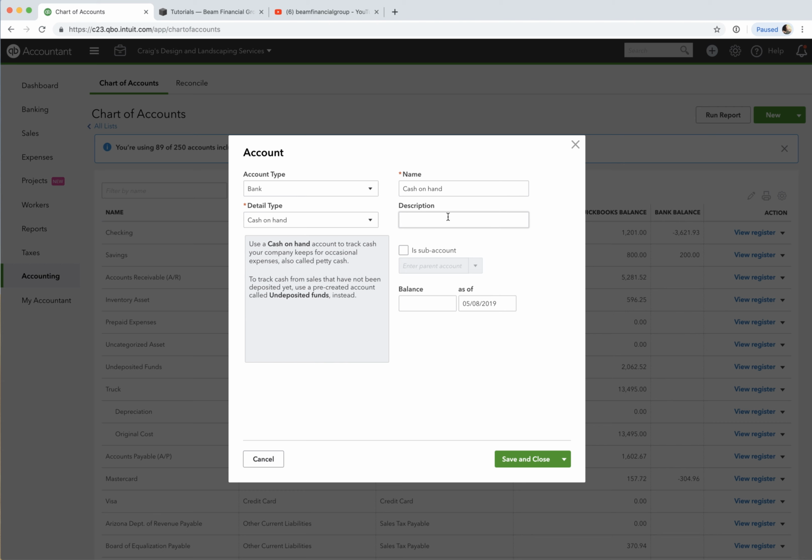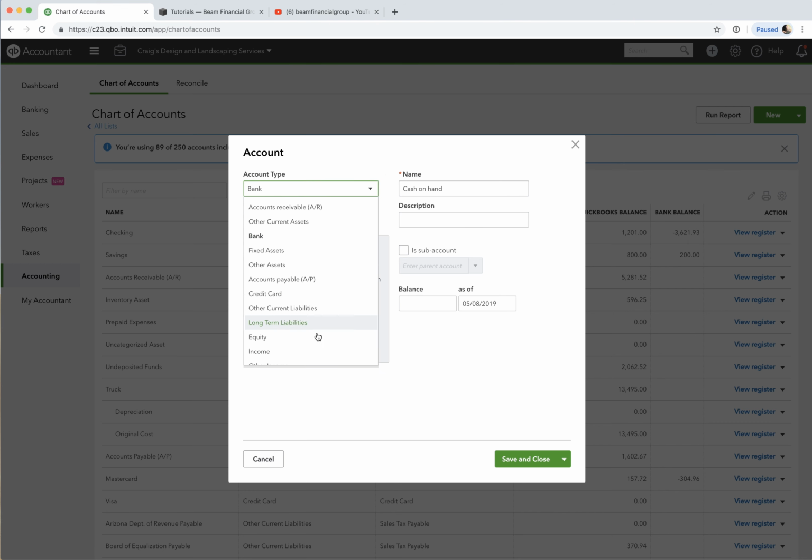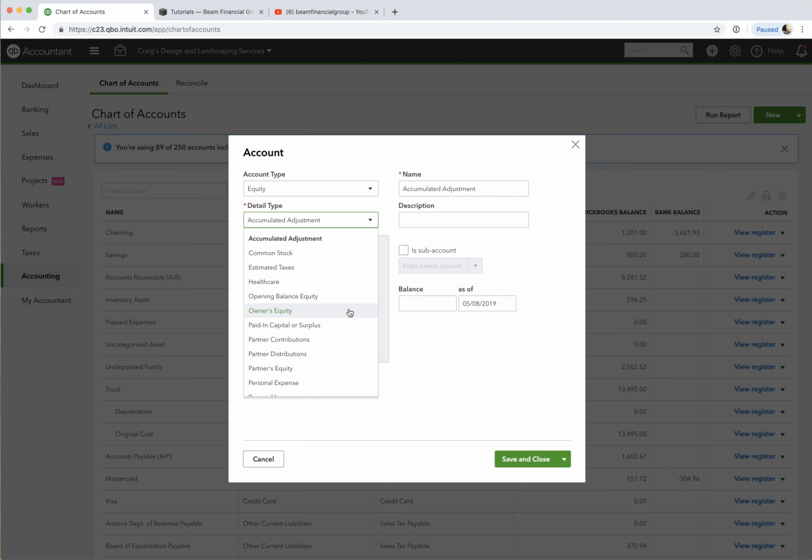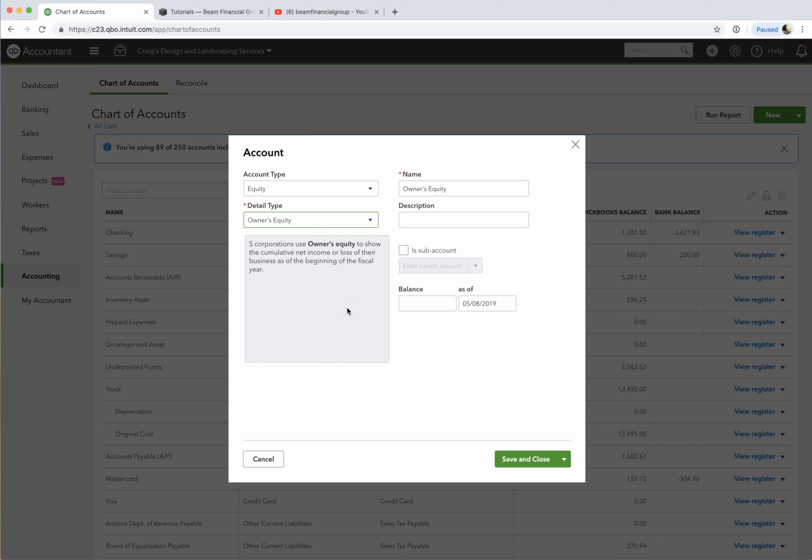So we're in QuickBooks Online here in a test account. So we're going to come into the chart of accounts and create an equity account. So you'll remember that this is an equity transaction. This isn't an income or an expense transaction. This is equity. You're drawing money out of the business. So account type is equity. Detail type is typically owner's equity. And again, this name will change over here depending on the type of structure.